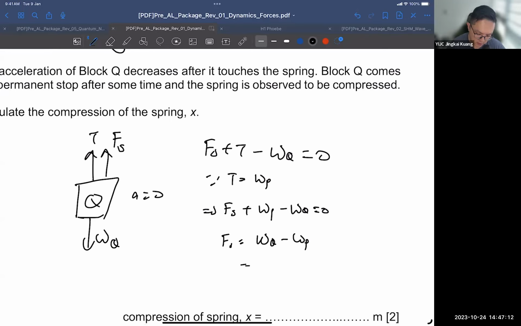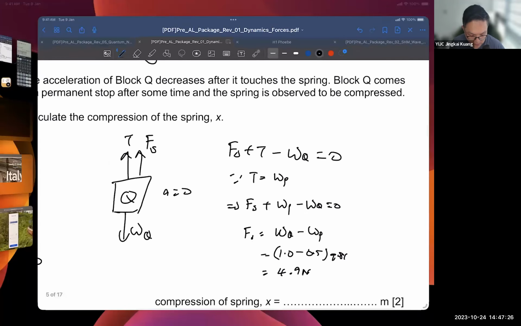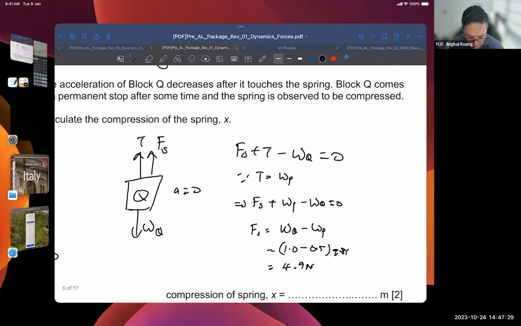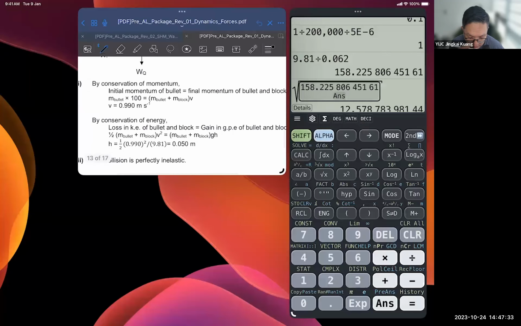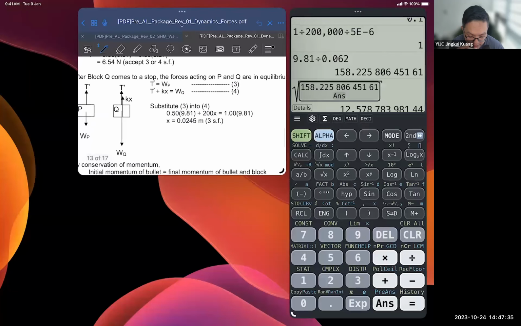So this is 1.0 minus 0.5, times 9.81. Okay, so 4 point something, 4.9 newtons.